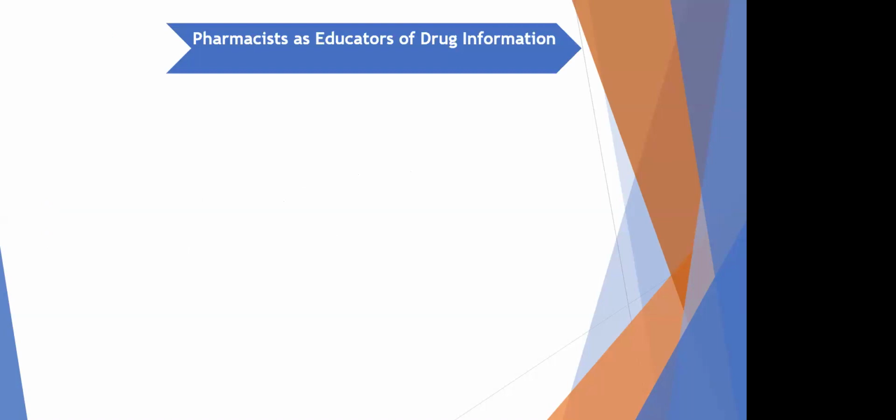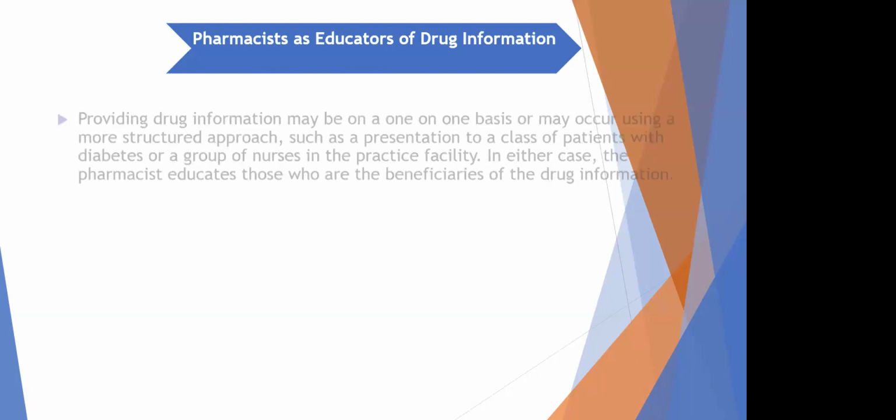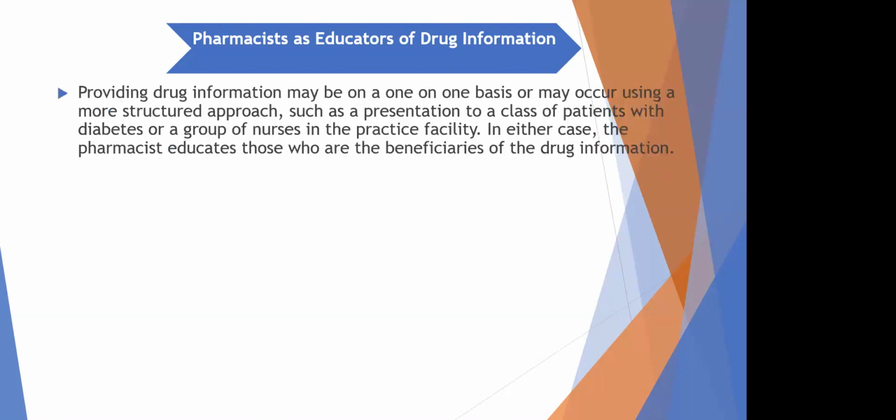Now, we look at pharmacists as educators of drug information. The pharmacist is supposed to provide drug information, and this drug information can be provided either on a one-on-one basis or may even occur in a more structured approach, whereby there could be presentations to a class of patients, maybe like diabetic patients or hypertensive patients, or even asthmatic patients, pregnant women during antenatal clinic.